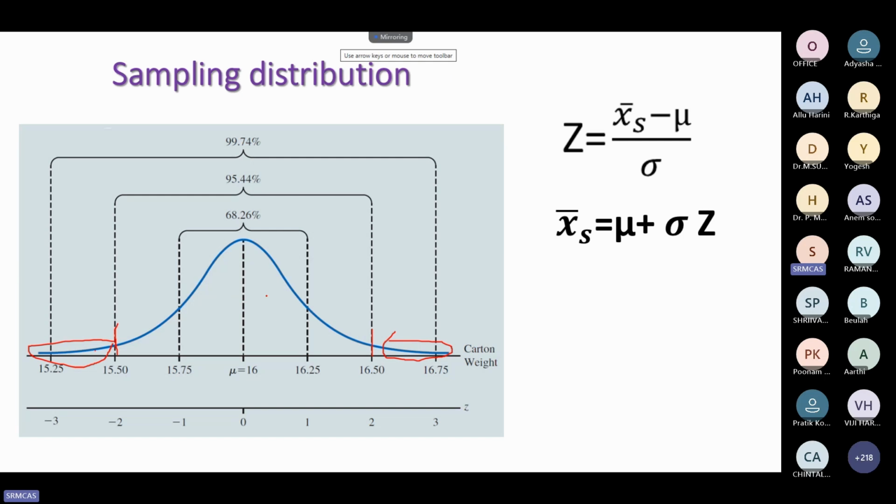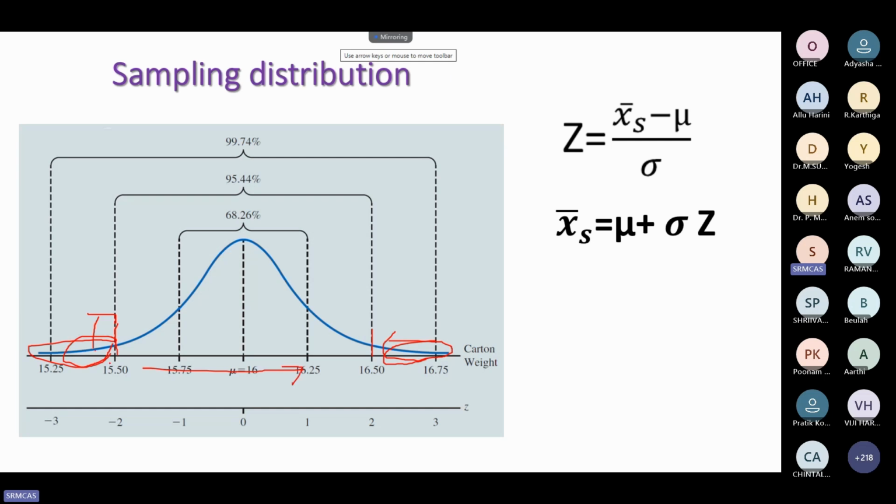If it is committing the type 1 error of 5%, so here is 2.5%, here is 2.5%, which will represent the 5% error. So now our task is that our estimated value should not fall in this category. If it falls in this category, then we are committing the type 1 error.